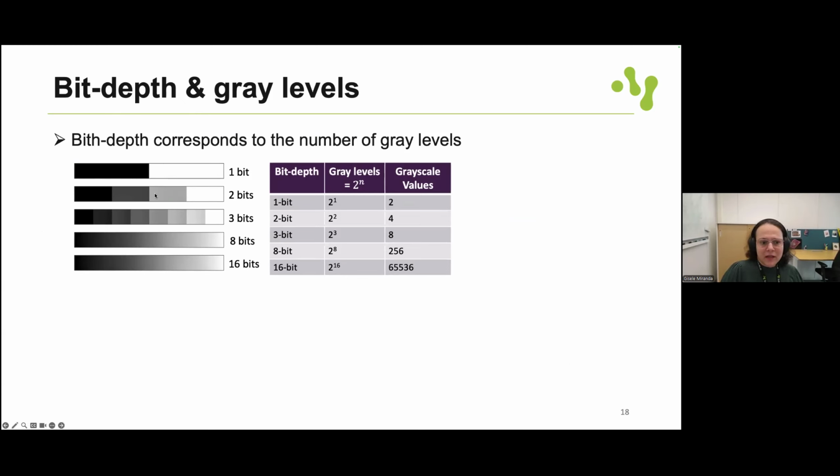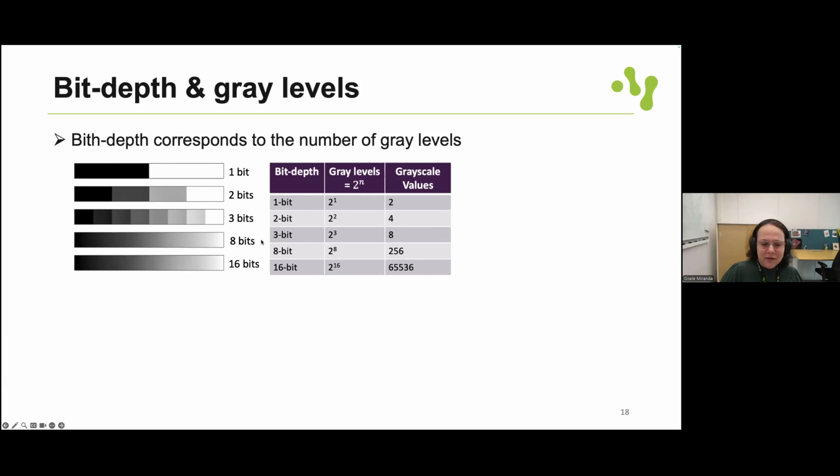If you go to 2 bits, you can represent 4 levels, and this number is computed as 2 to the power n, as you can see here. But in microscopy, 12 or 16 bit is very common, and we can see the number of grayscale values we can represent.